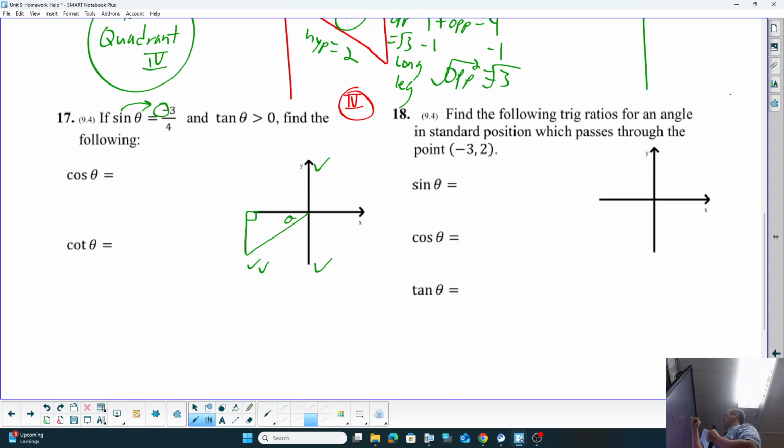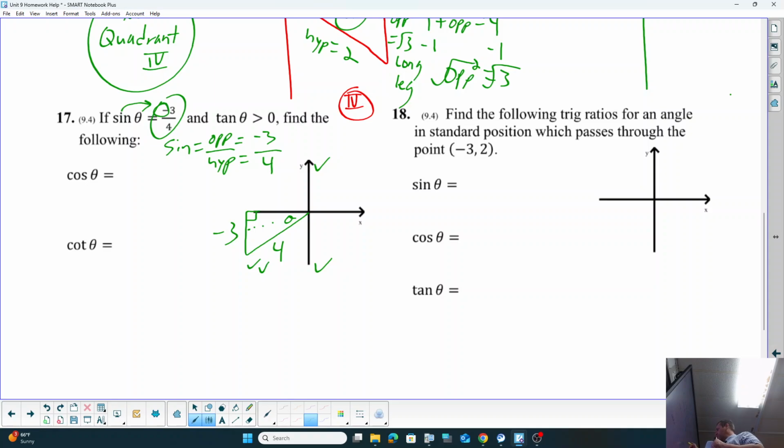And so what is sine? Sine is equal to opposite over hypotenuse, which means that the negative 3 is the opposite and the hypotenuse is 4. So the opposite is going down, negative 3, and the hypotenuse is 4. Ooh, that's tricky now.